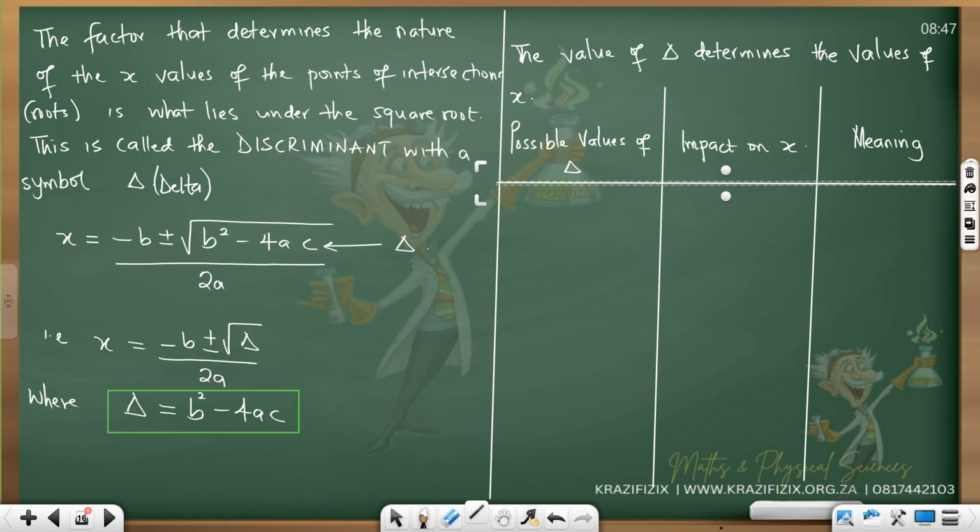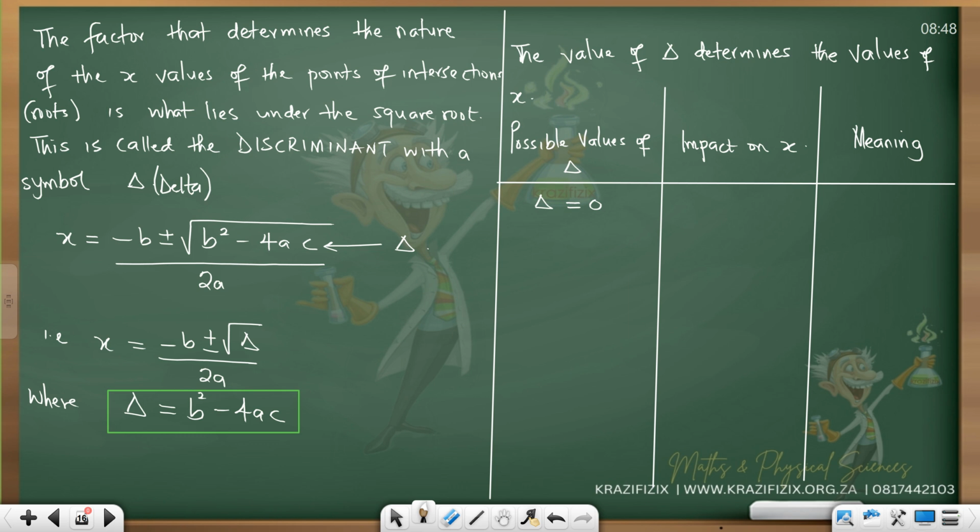What are the possible values of delta? We'll start with about 5 of them. When delta is equal to 0, remember we have both x1 and x2.